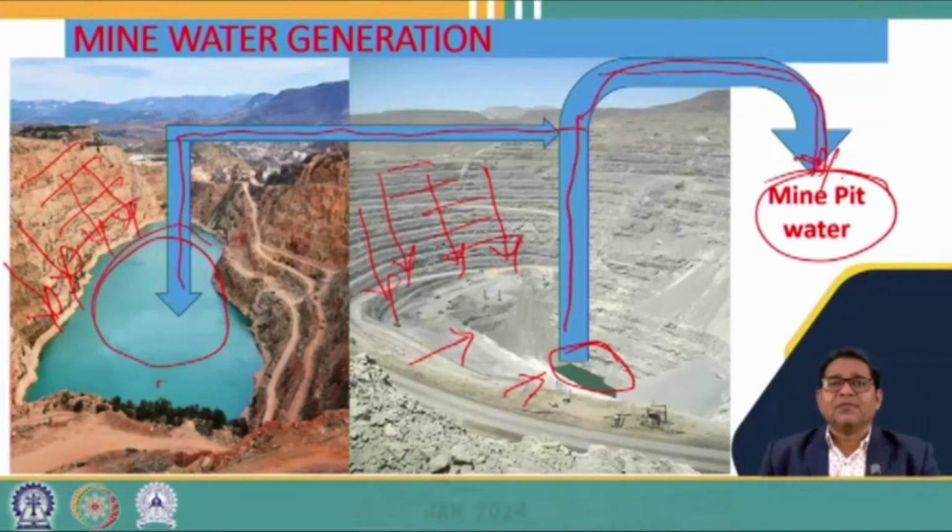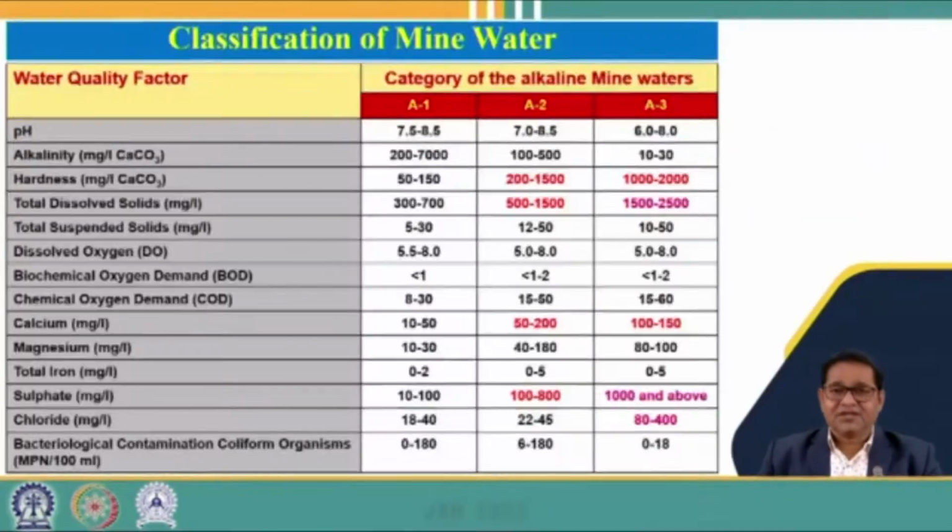So this is the process of how this mine water gets generated, and the visualization of this mine water in the pit, from where it is pumped out and then treated for its final utilization.